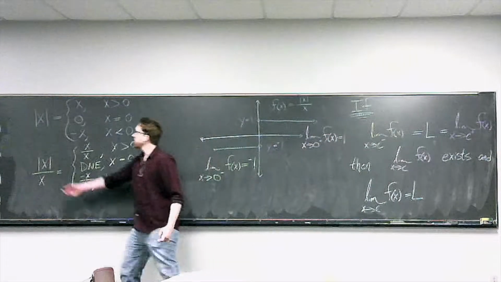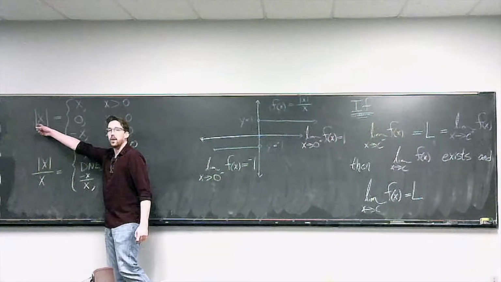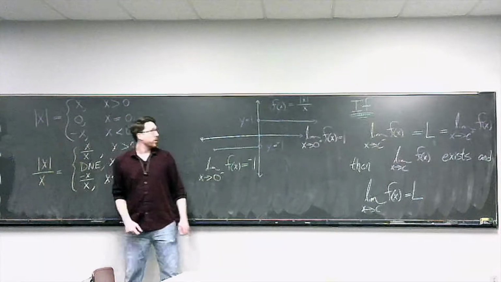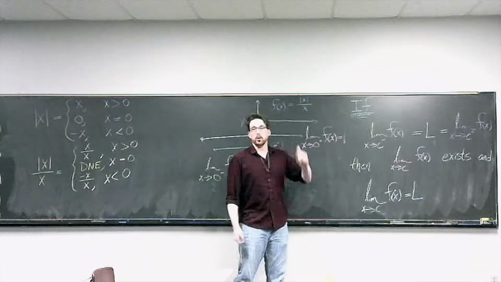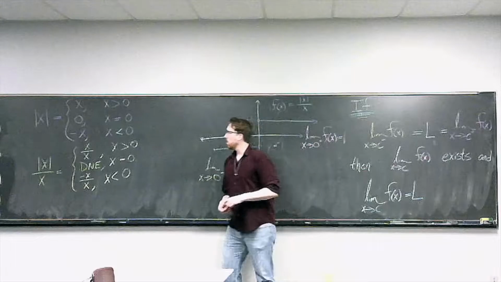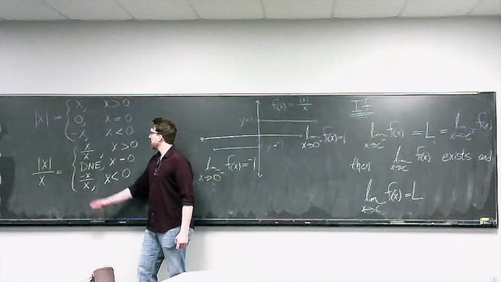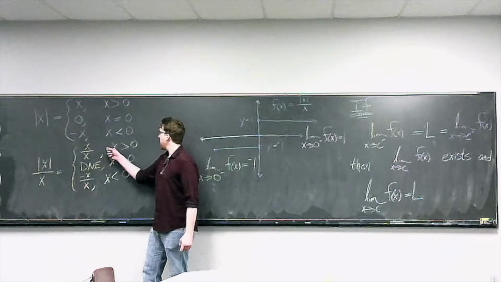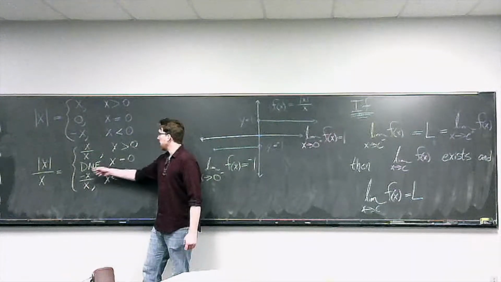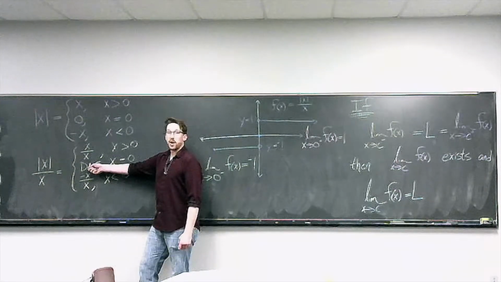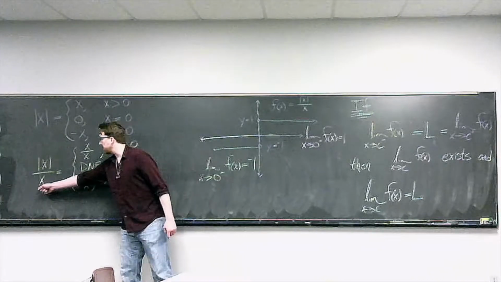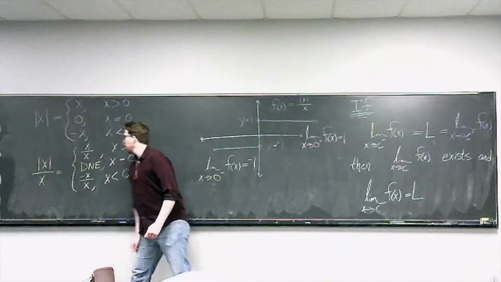Like I said, taking this absolute value of x now, what we know it to be, and applying it to this problem. Well, the absolute value of x over x is going to be like x divided by x whenever x is greater than 0. It's not going to exist whenever x is equal to 0 because you have a 0 in the denominator.